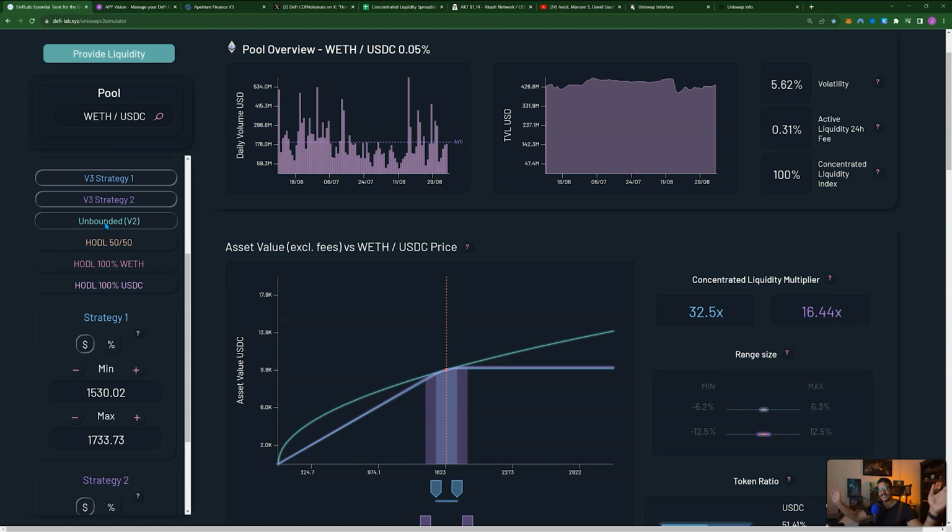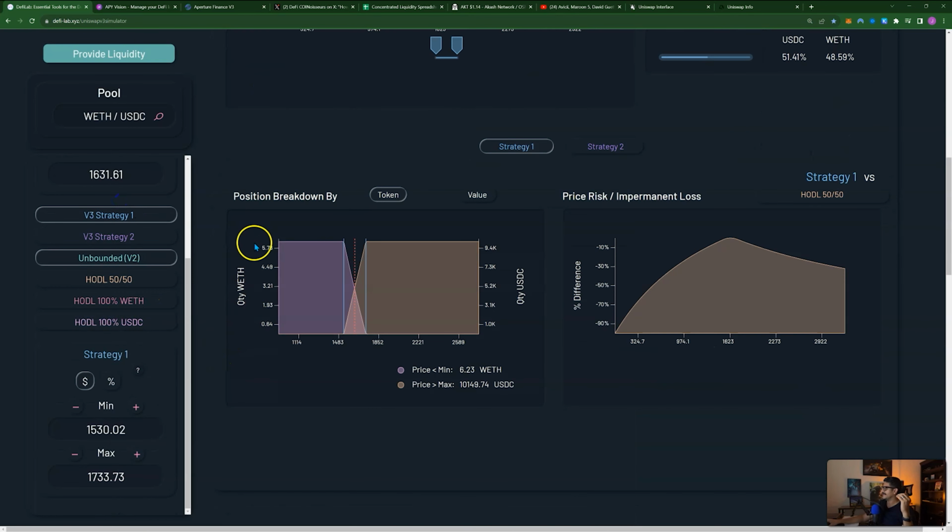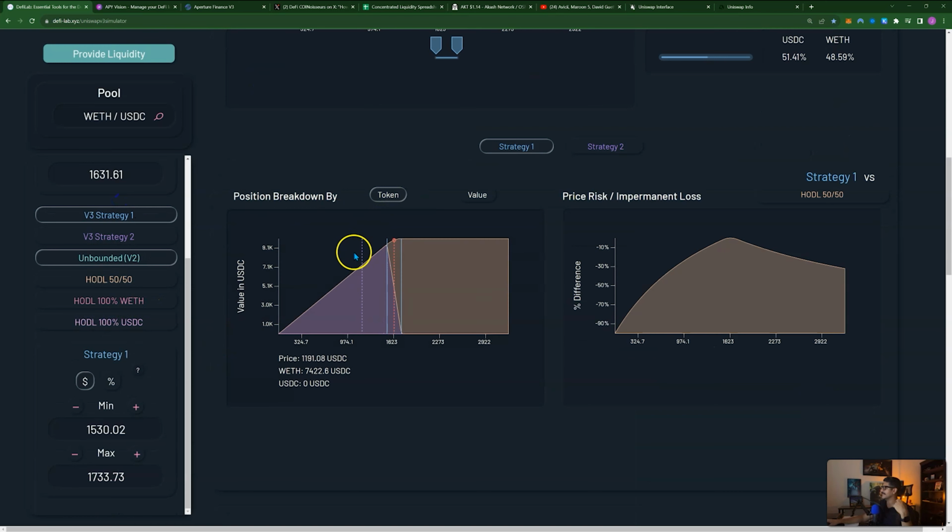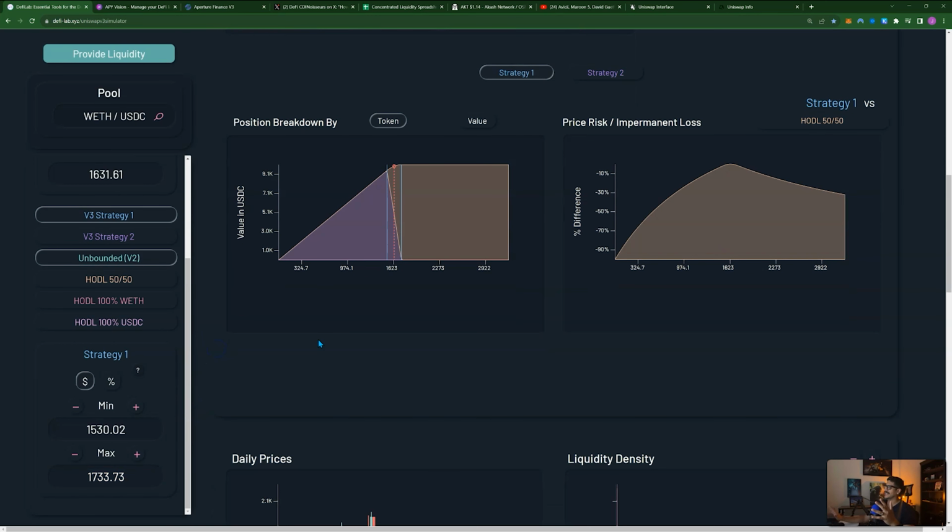So the full range, right? So you can compare against that as well. I use the position breakdown, and this is where I figure out if price gets close to 1733, if I want to rebalance to keep price in range while minimizing impermanent loss, this is where I do it. Now, I go more in depth in this in my course, so if you're interested in learning, it's all in there. But this is where it all begins.